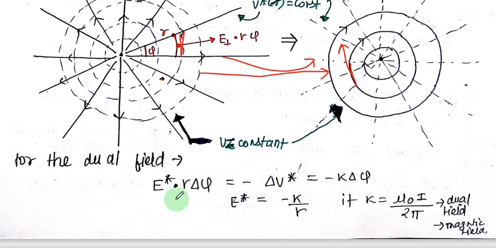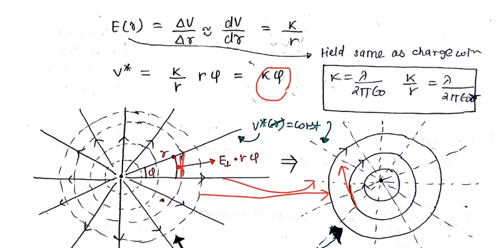From this relation we can say that delta psi will get cancelled, and here it will also get cancelled. So it will be E star R is equal to minus K, so E star is equal to minus K by R. Okay, so how did I get this K delta psi? That is from the function that we got above.